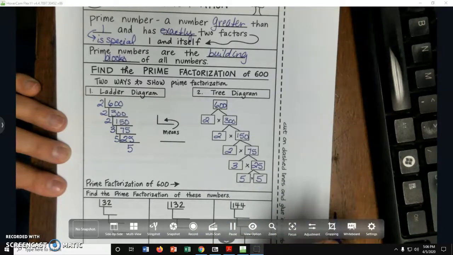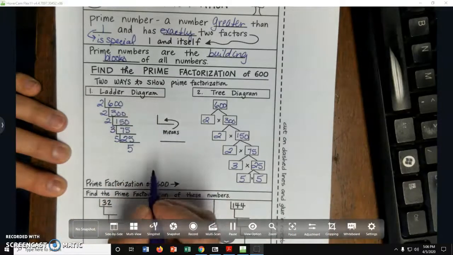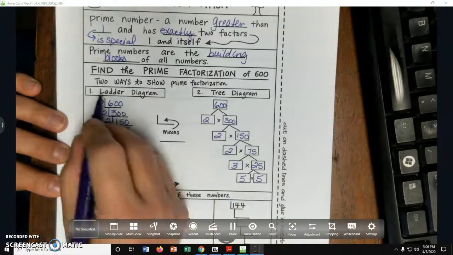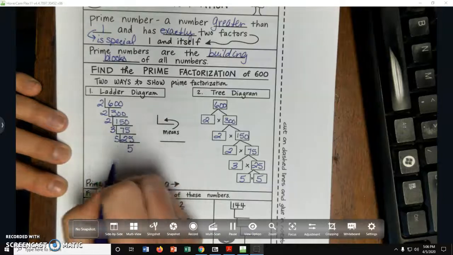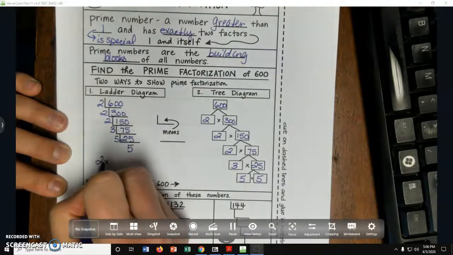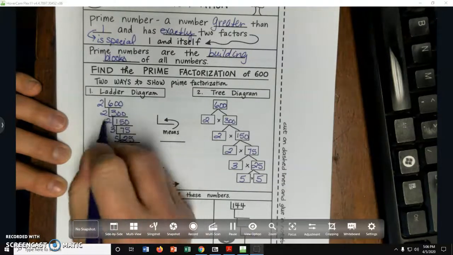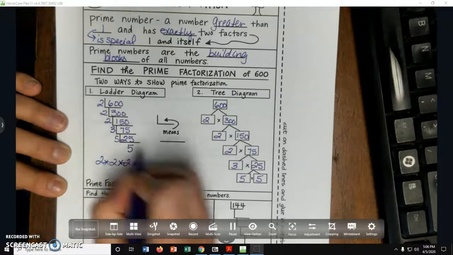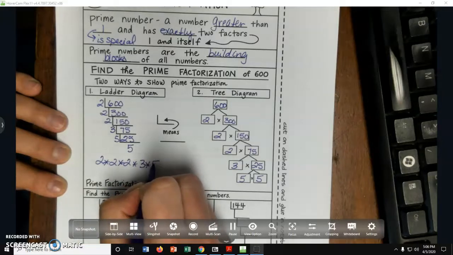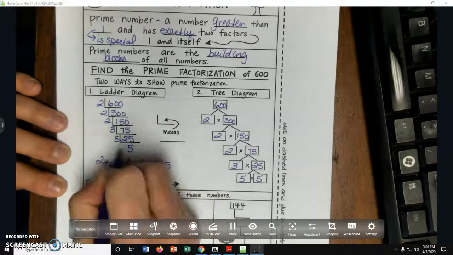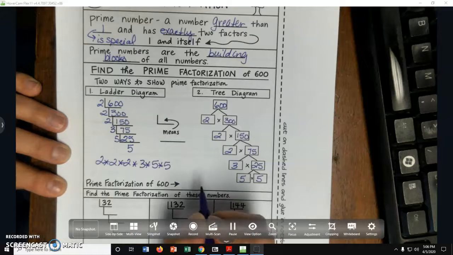Writing this as prime factorization, all right, so either way is fine. We've got these ones out here, but we'll use this one over here. So I have 2 times 2 times 2 times 3 times 5 times 5. Okay?